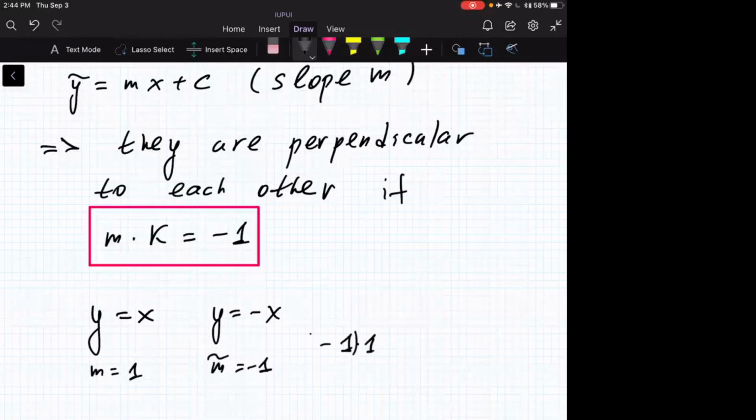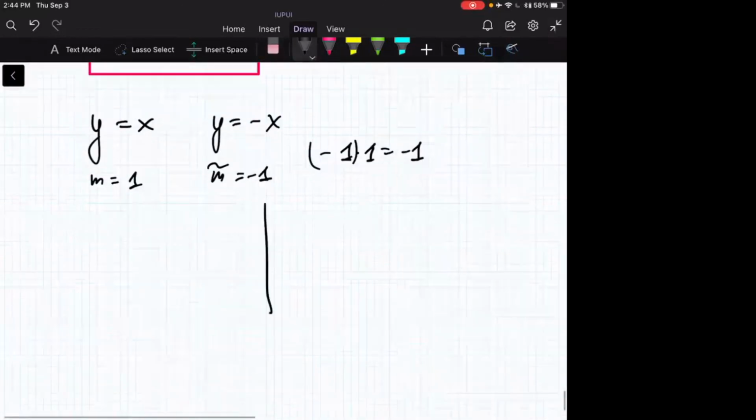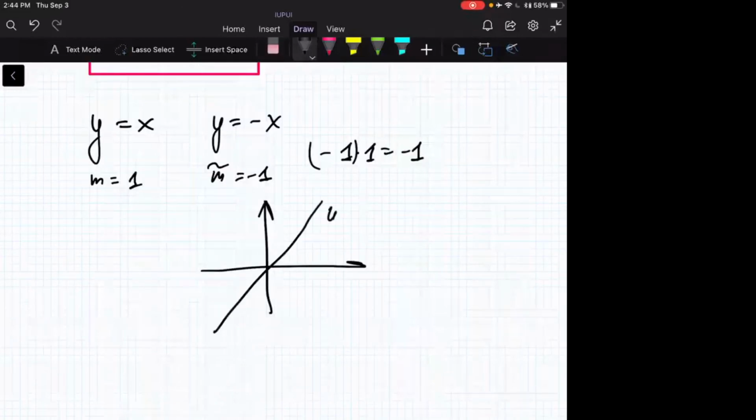The product will be, of course, minus 1, and that's what we see in the picture. So this is my y equals x, and this is my y equals minus x, and they are perpendicular, of course.